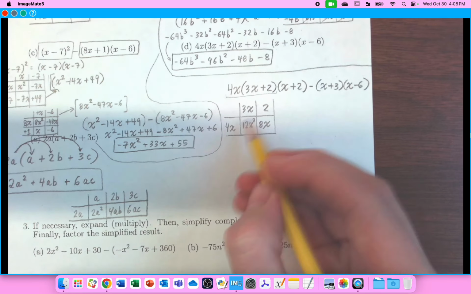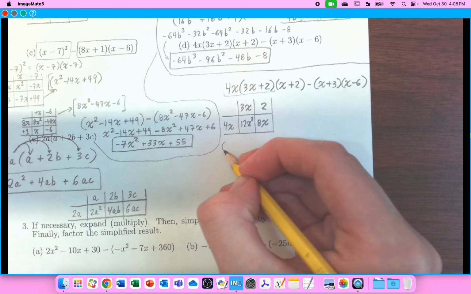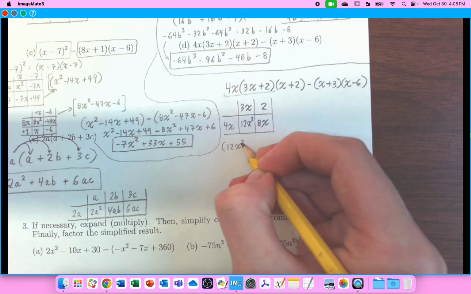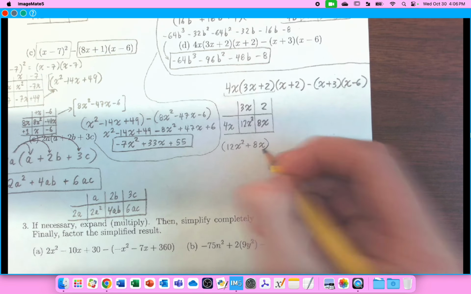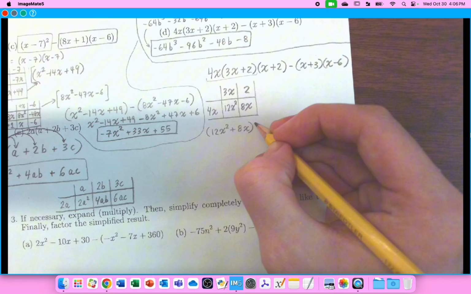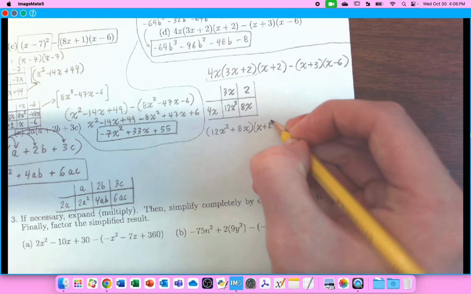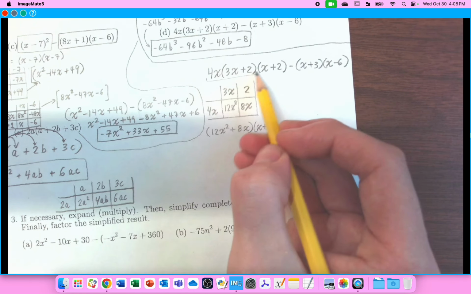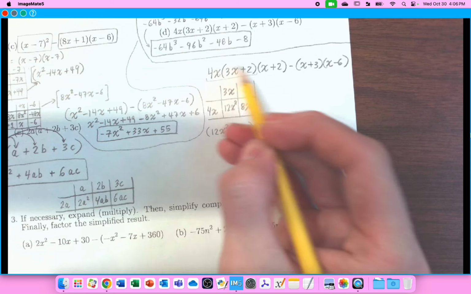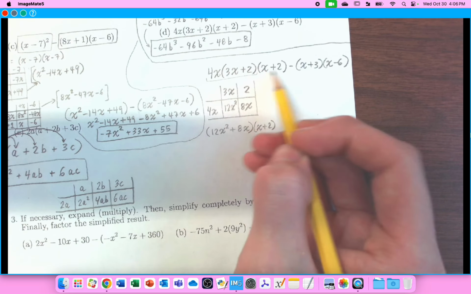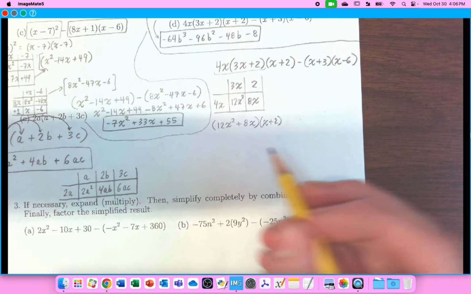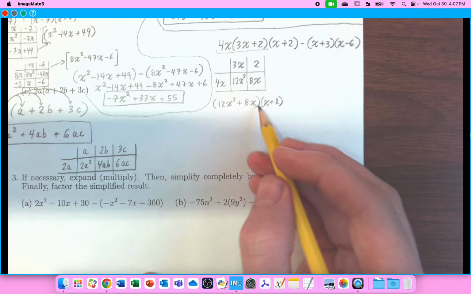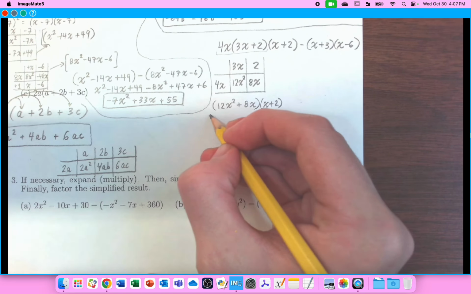So that became 12x squared plus 8x. And we want to times that by x plus 2, because we found the product of this times this, but we still have to multiply that by this. To be honest, I kind of just want to use regular FOIL to save space.